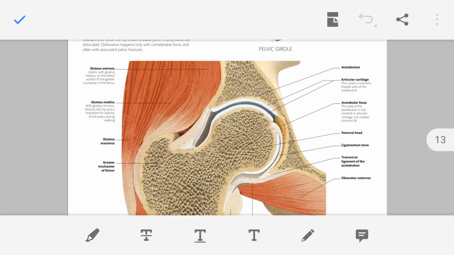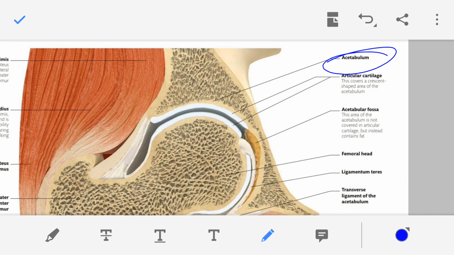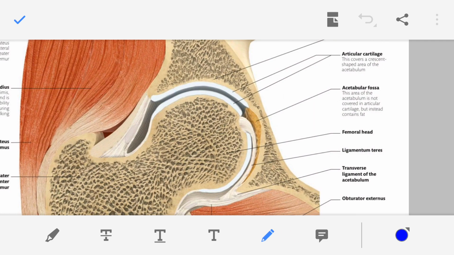So here we can see that the acetabulum is accepting the head of the femur bone, or in other words the head of the femur bone is fitting into the acetabulum.